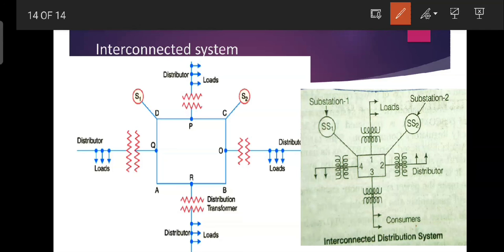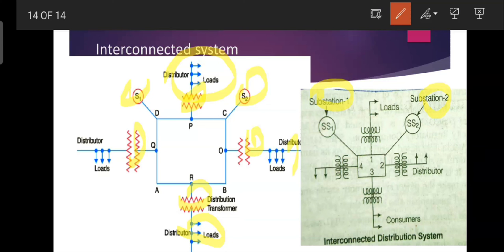Those are all connected to one distribution system, one substation, one bus bar to carry the whole power from one state to another state, and this is our interconnected system. So here is substation 1 and substation 2, like that, with connected load through the transformer, with distribution load connected through the distribution transformer across here.